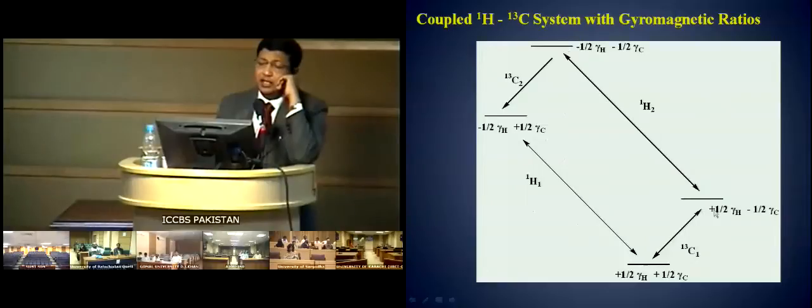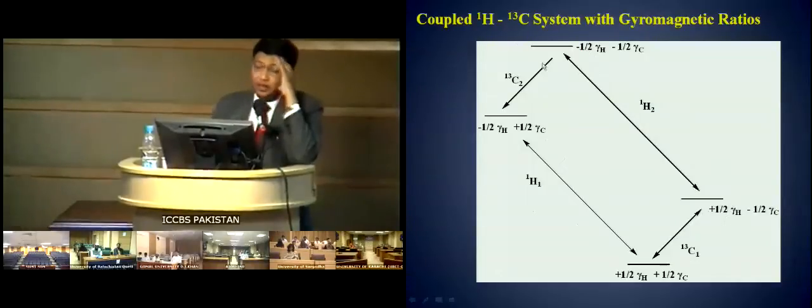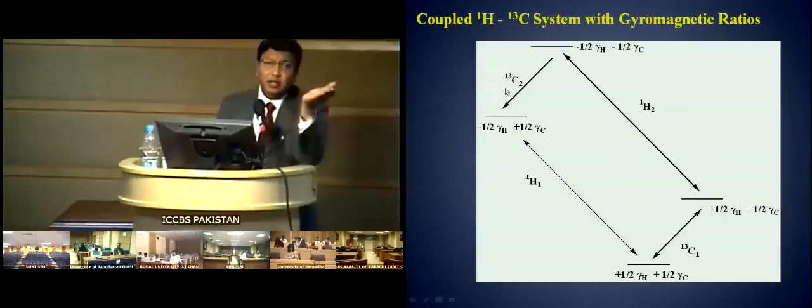So this is again a transfer of the spin orientation of one to the other in the case of a proton. So remember, this is a very, very simple system, and one can understand it very simply.